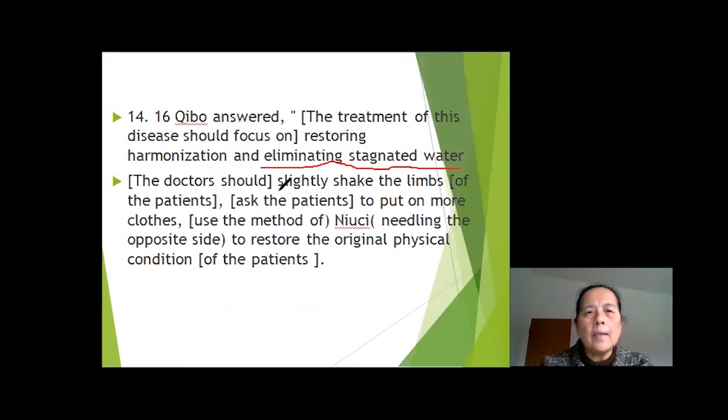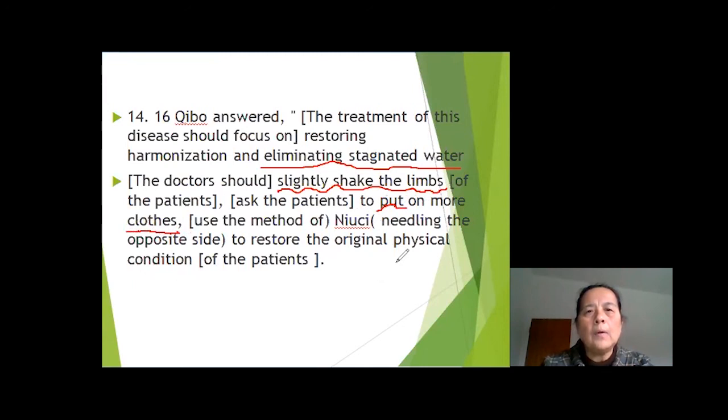Tell the patient to slightly shake the limbs and put on more clothes to keep the yang qi inside the body.